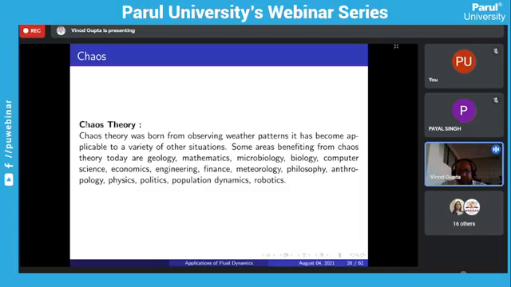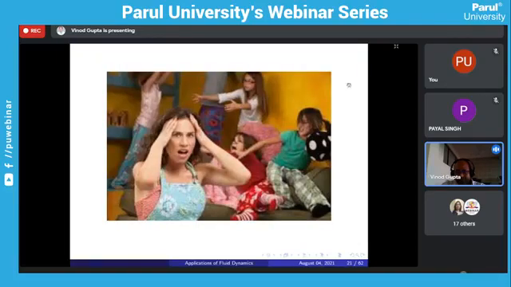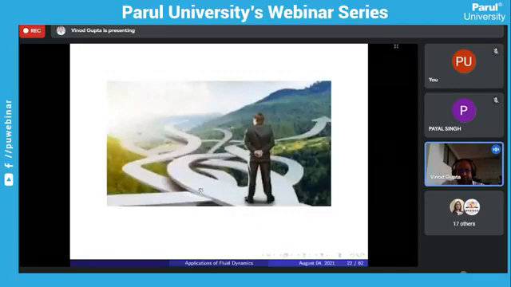So first of all, we know what chaos theory is. What is chaos? If you see the picture, in the picture behind, the children are fighting with each other, and someone expects what we have to do, right? So that position is known as chaos. If we are not in a position to guess what is going to happen, that step is known as chaos. And next, there are several paths. We cannot determine where we have to go, what path we have to choose.